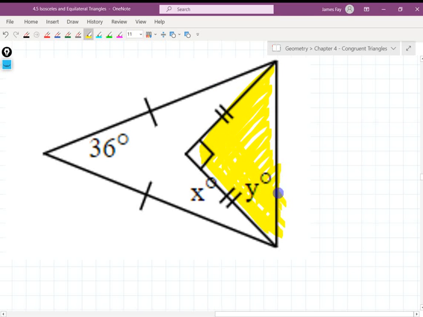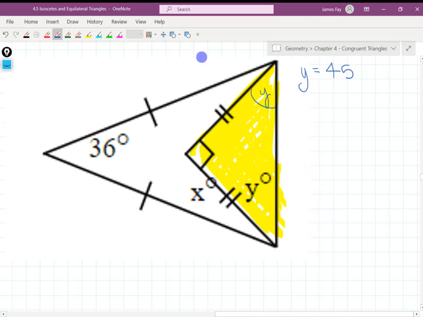Yeah. Okay, and based off the discussion we just had in the last question, if that's y, what's that got to be? And what do they both have to be then if this is a right isosceles triangle? 45. Okay, so both have to be 45 degrees, right?